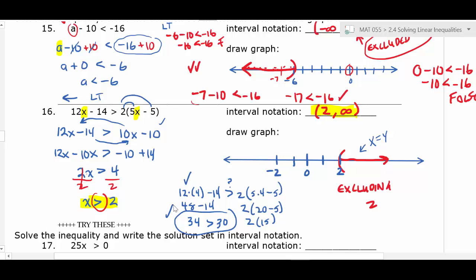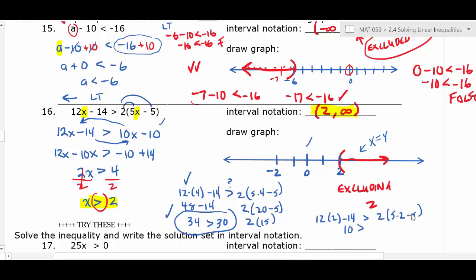Okay, now the other thing that you probably want to do, if you plugged like 0 in, 0 would not work. If you plugged 2 in, it would end up giving you the boundary. So if you plugged in 2 for x, you would have 12 times 2 minus 14 greater than 2 times 5 times 2 minus 5. If you work this out, I'm going to do some of this in my head. This is 24 minus 14, which is 10.